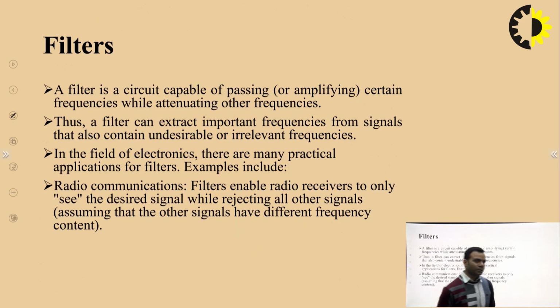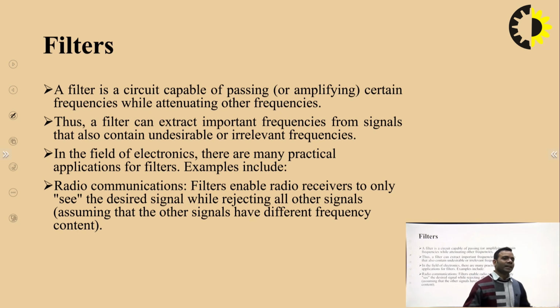Next is the filter. So we will briefly see what filters are. Many of us have an idea about filters. We may not have an actual idea of the filters which we use in electronic circuits, but we are familiar with the word filter. A filter is something that passes something and stops something.